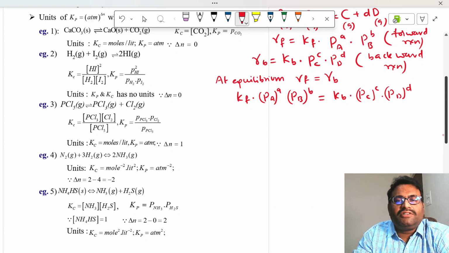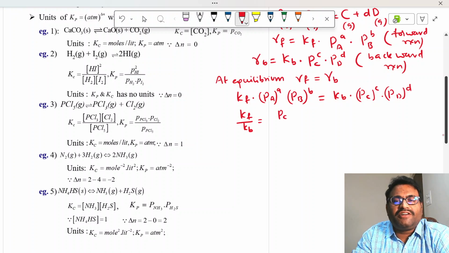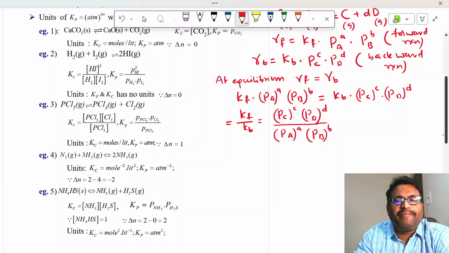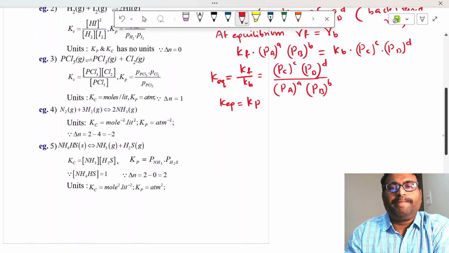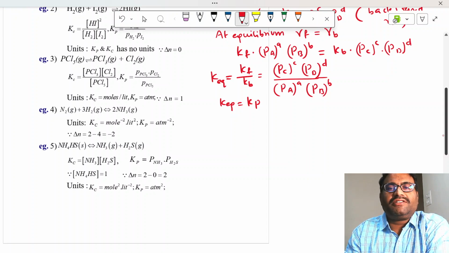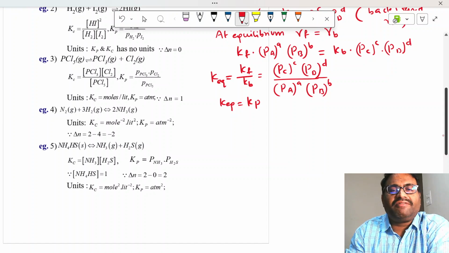Then I can write Kf by Kb, which is equal to partial pressure of C power c into partial pressure of D power d by partial pressure of A power a into partial pressure of B power b, which is called K equilibrium. This K equilibrium can be mentioned as Kp, because we have represented these reactants and products in their partial pressures. That's the reason why we are mentioning this equilibrium constant as Kp.